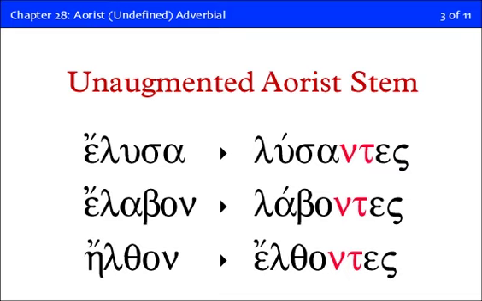Oh, where's the augment? But when you have a second aorist, it gets a little trickier. Lambano has a second aorist, elabon, and when it goes into the aorist participle, you get labantes. But if you don't know your vocabulary, you may not recognize that the augment's dropped, and you may go looking for a lexical form labo. You won't find it, and you go, oh, that's when the vocabulary really becomes important.